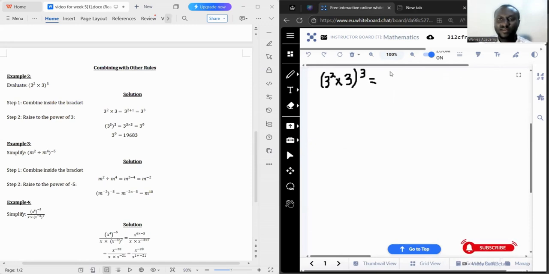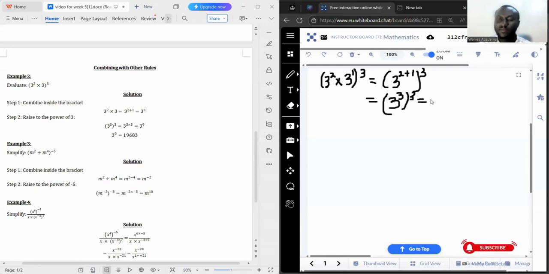That is 3 raised to power 2. Because here is multiplication, it turns to addition. Then we have a power here, which is power 1. So that's 2 plus 1, close bracket, raised to power 3. Then this becomes 3 raised to power 3, raised to power 3.